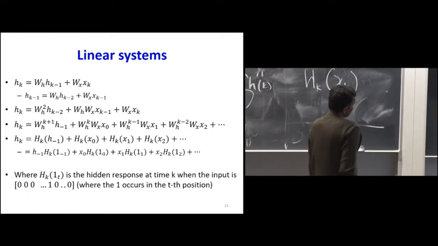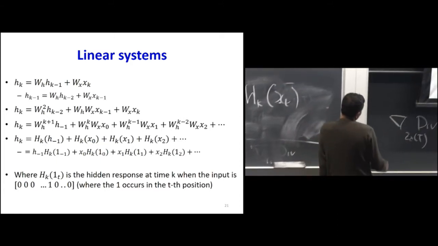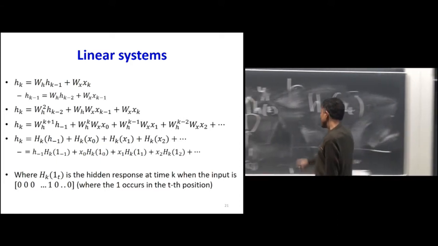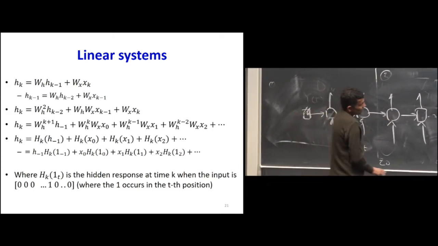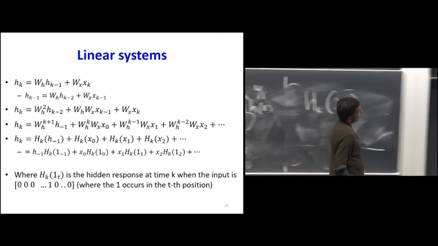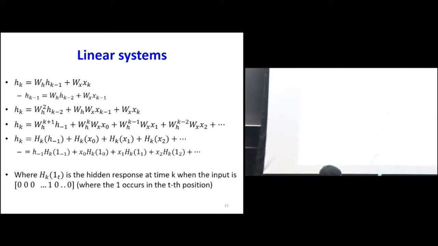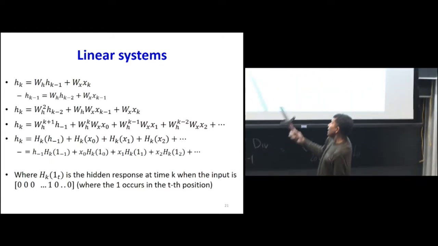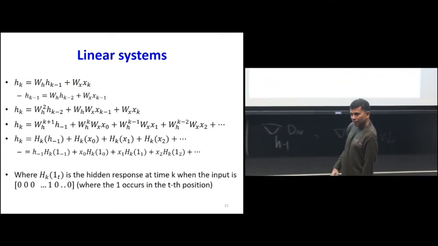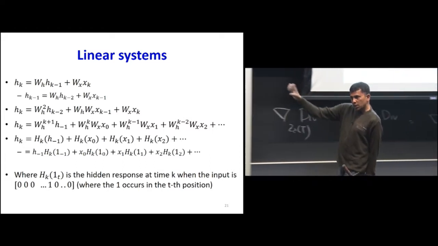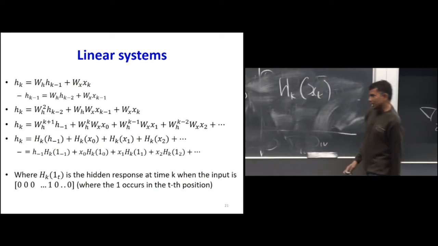If I were to write it this way, here's something interesting that happens. What you find is that the final output is the response of the system. What is hk of xt? hk of xt is simply going to be this term times wx. That tells you the response of the system to an input at time t.